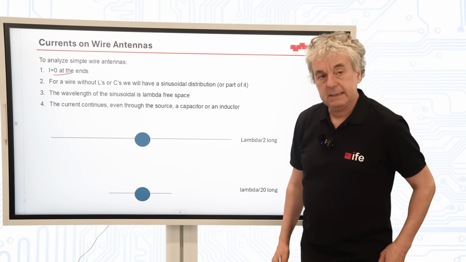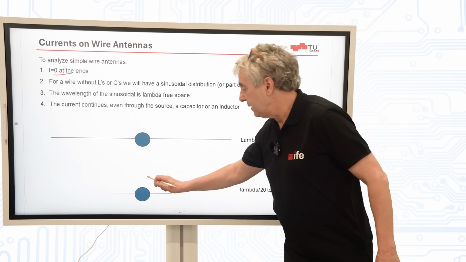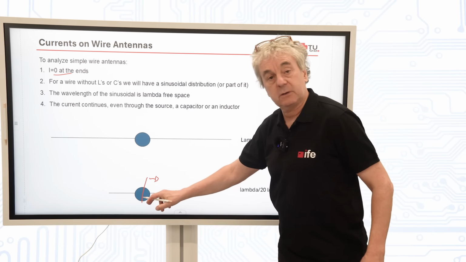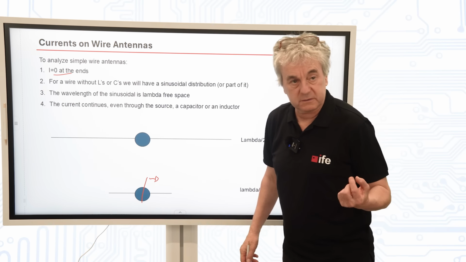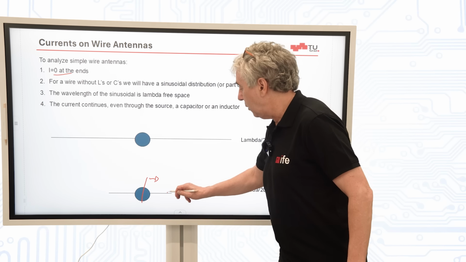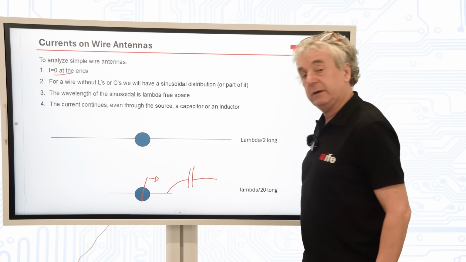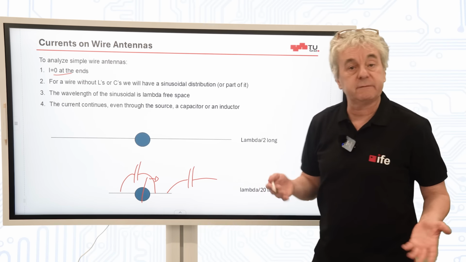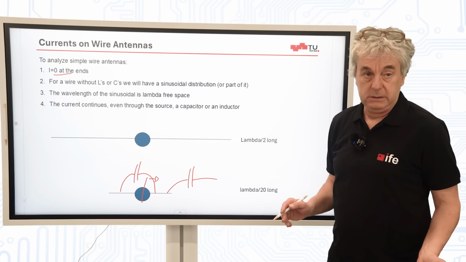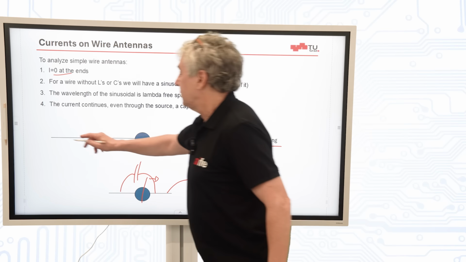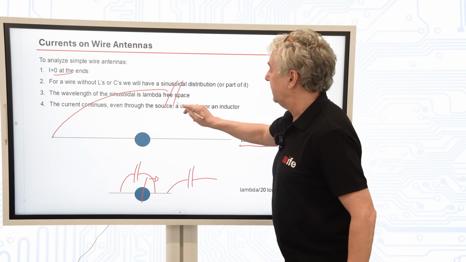Another thing is that the current which is driven, for example, on this side, depends on the impedance in this direction. We're going to see more of that. If the antenna is short, we can think: this thing has a capacitance to infinity and a capacitance from one end to the other, and this drives the current. It's a reasonable model. But for a lambda/2 antenna, it's not correct to think we have a capacitance from here to here.